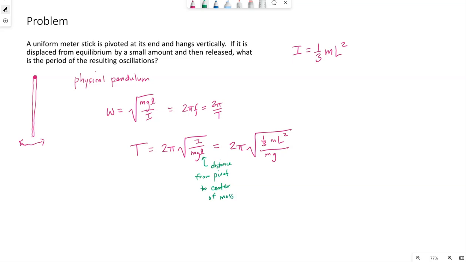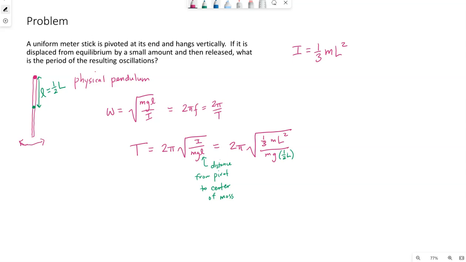So a uniform meter stick means the center of mass would be in its geometric center, so at the 50 centimeter mark. This lowercase l in the equation is half of the total length of the meter stick. So I'm going to put that in here as well.